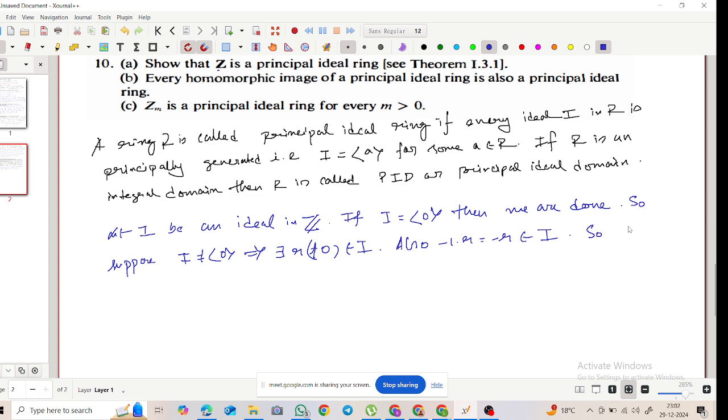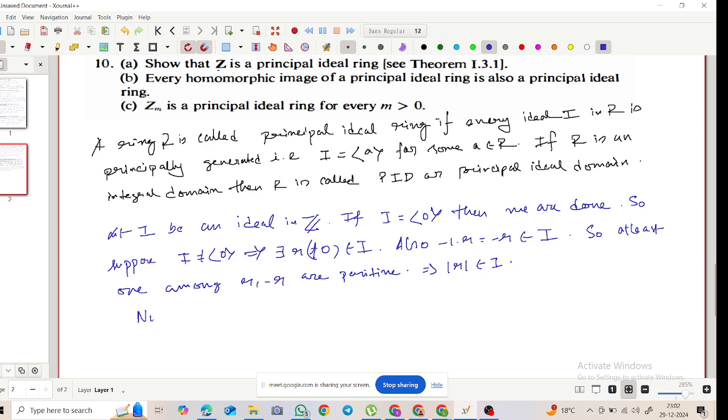So at least one among r, minus r is positive, which implies mod r belongs to I. Okay.